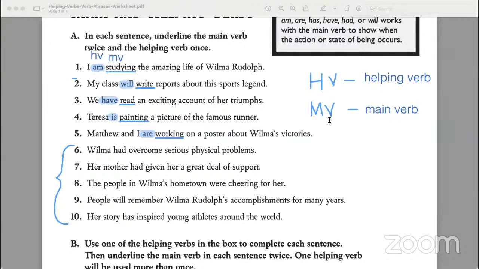Some of you are sharing your answer in the chat. Okay, number 6 is correct. Well done, and well done. All right.